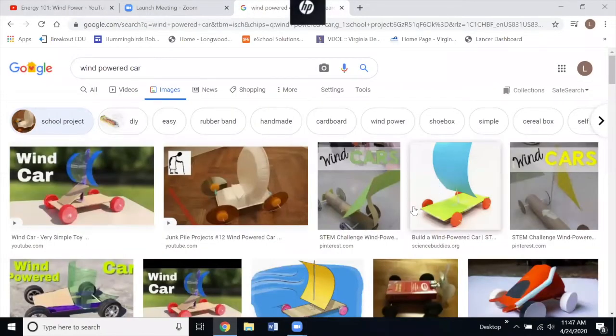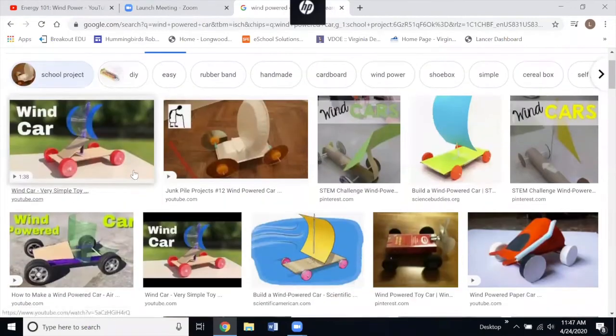So here are some examples of some common materials like CDs in the second picture with bottle caps. They've used a skewer to create an axle. You can also use chopsticks or dowel rods.